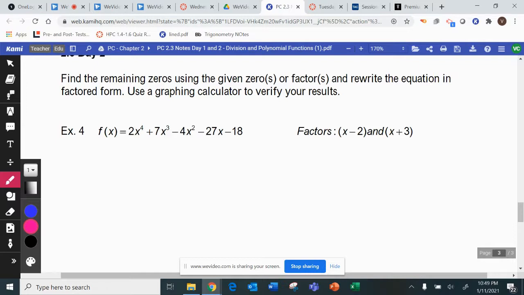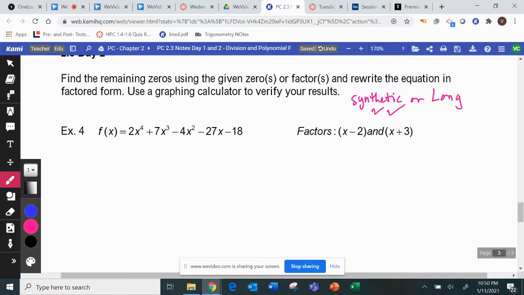To do that, we look at our factors and ask, can I use synthetic division, or do I need to use long division to divide out the two factors, x minus 2 and x plus 3, from f of x? Those are in the form that I can use synthetic division for both, which is making me happy. So we're going to go ahead and do that.